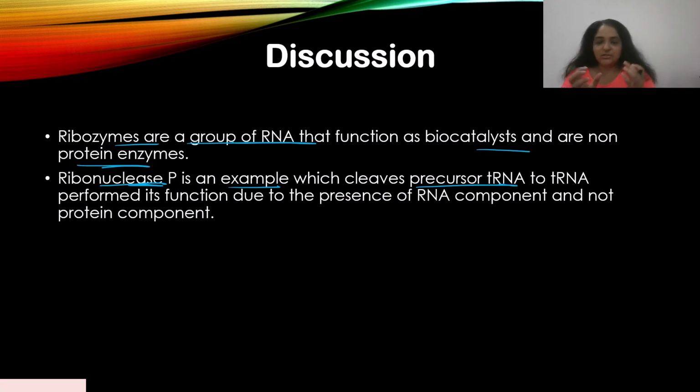There was some protein part and some RNA part, but the RNA part performed this function. So ribonuclease P is a ribozyme. Ribozymes are a group of RNA enzymes, and they function as biocatalysts, so they are non-proteinaceous in structure.